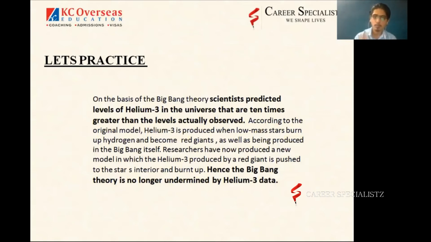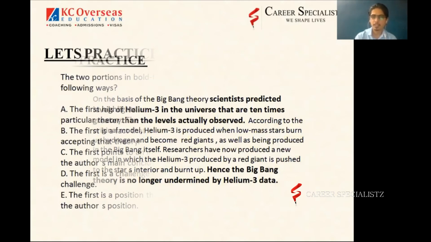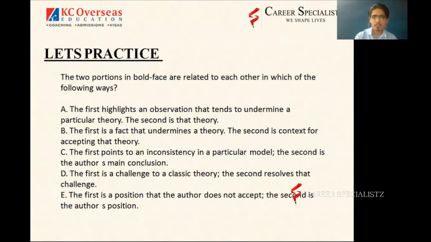It is the opinion of the author after due consideration of the facts and figures presented in the paragraph. The second option says that the first is a fact that undermines a theory. The second is context for accepting that theory. Now again, because it is not a context, it is an opinion of the author as a conclusive statement to the given paragraph, this option also cannot be marked as the correct answer.